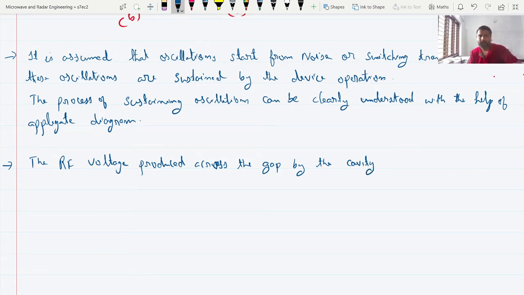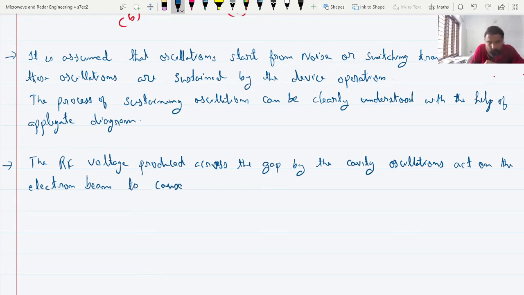This RF voltage will act on the electron beam that is traveling, to cause velocity modulation.